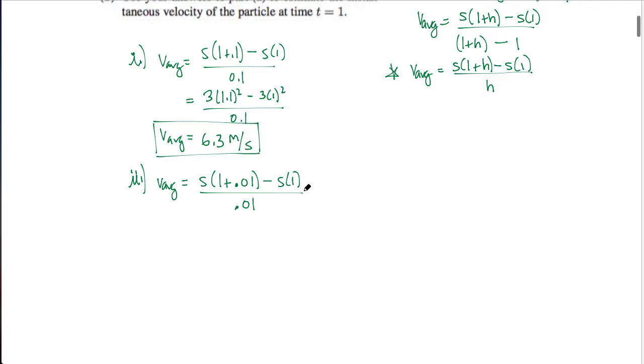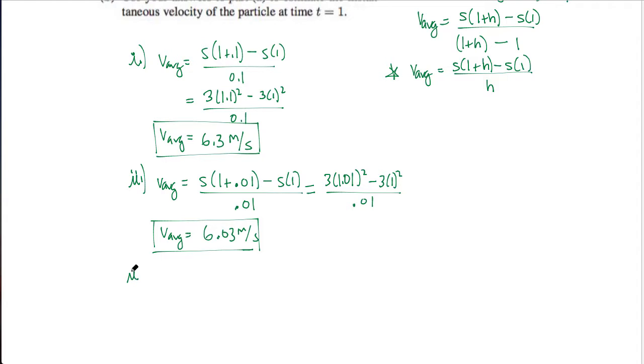So my value here is going to be 3 times 1.01 squared minus 3 times 1 squared all over 0.01. So my average velocity in this case is going to be 6.03 meters per second.